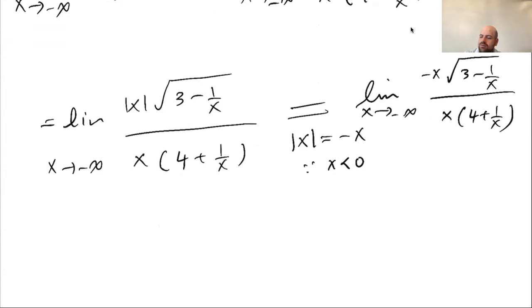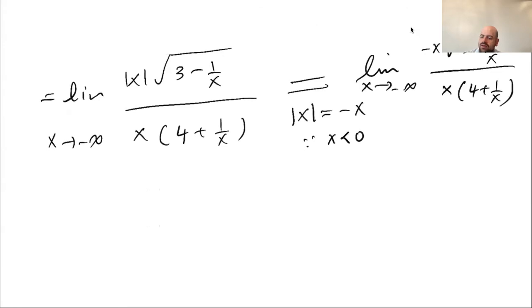Now x cancels with x, and I will have minus square root of 3 minus 0 divided by 4 plus 0. So the answer will be minus root 3 over 4.